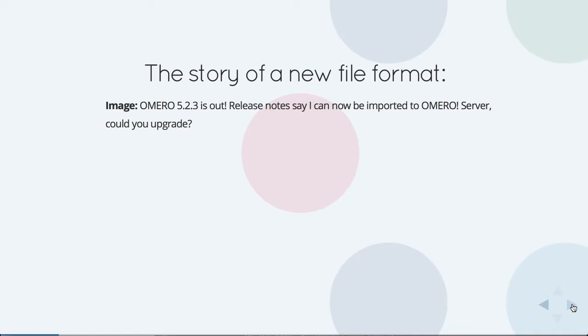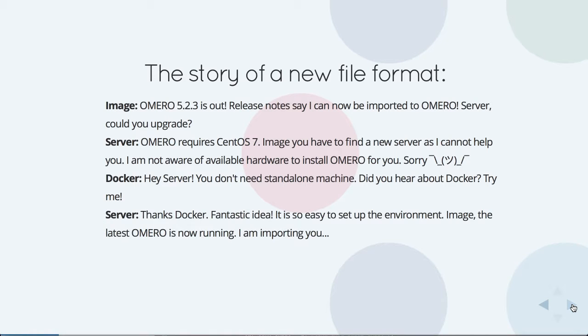Let's first start with a short story. Probably most of you are familiar with when a new version of OMERO is out. This may announce that OMERO is using newer versions of dependencies, and when your institution needs to upgrade the OMERO server, this may cause issues, because if OMERO is deployed on shared resources, this is not necessarily an easy task to do and probably requires more effort from sysadmins to upgrade.